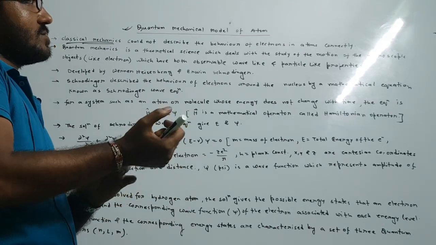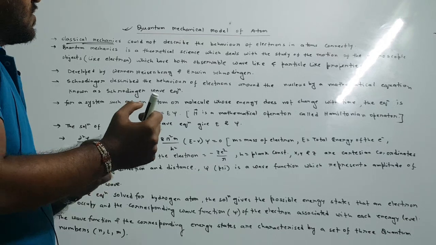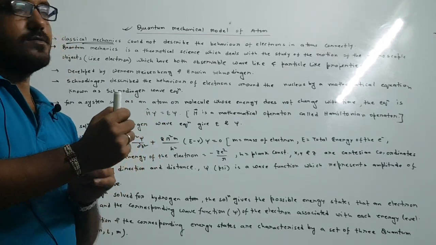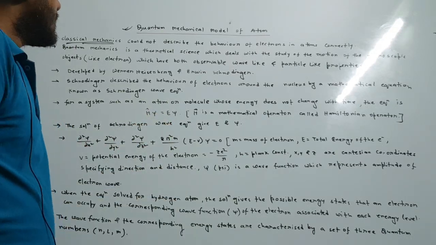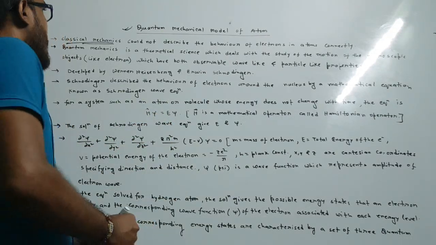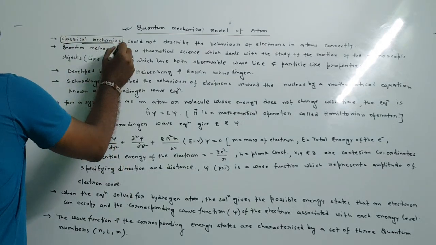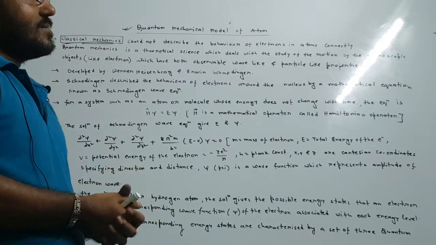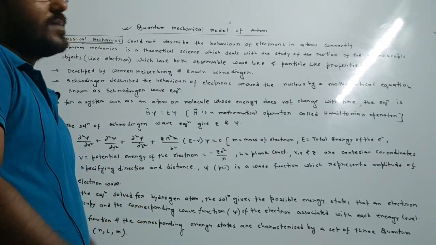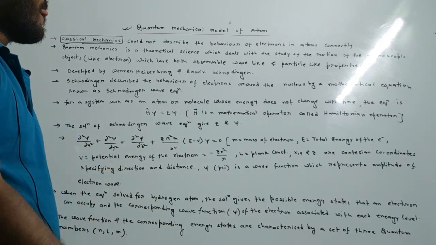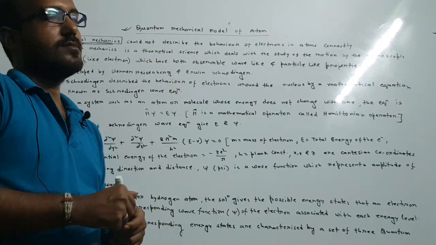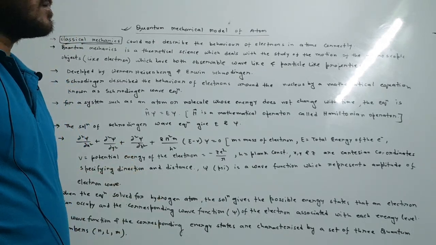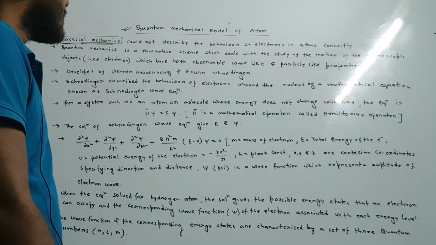of electrons, where they should lie, where they should rotate, whether they should rotate in a particular orbit. But in this quantum mechanical model, in classical mechanics we have some drawbacks, because of the dual nature and the Heisenberg uncertainty principle, where we have seen that we cannot measure the position and momentum of a particular electron at a particular time.